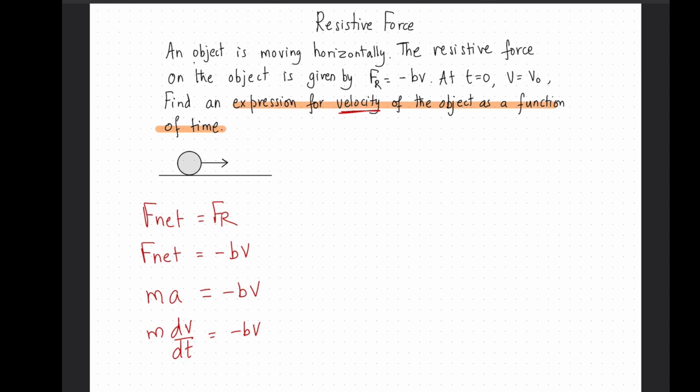Now we want to get an expression for velocity, so we have to get rid of this d over dt. So for that we are going to write m dv, and I'm going to take dt to the other side. It will become minus bv dt. Now we'll get the v terms together because we want the expression for velocity. So dv over v, I'm moving the v to the left side, so minus b dt over m, I'm moving to the right side.